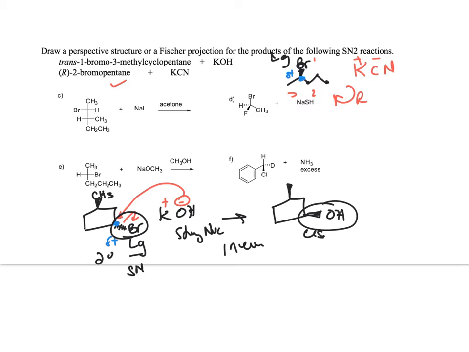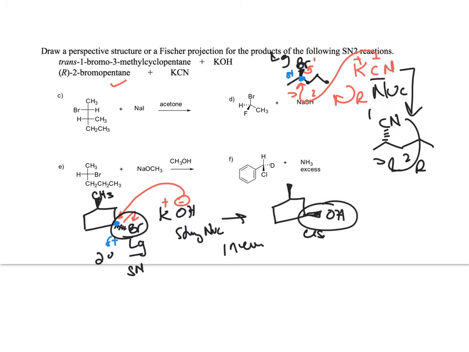Potassium gets a positive charge, so cyanide, nitrogen gets a negative charge. This is your nucleophile. So the nucleophile will come and attack the electrophile. Bromine will leave with those electrons, and you get inversion of stereochemistry. So now you draw the cyanide going back. You can check this: 1, 2, 3, that would be R, but then the hydrogen's coming at you, so you'd have to switch this to S. So this went from R to S, and that sometimes works.